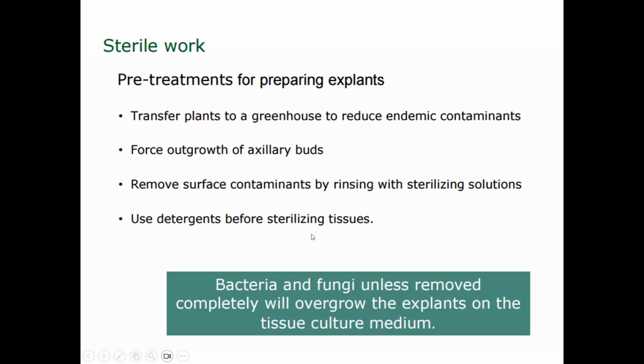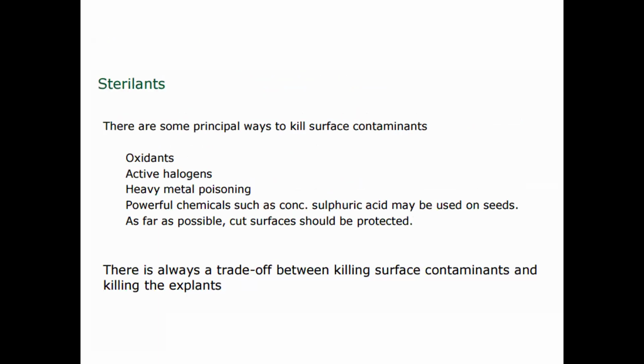Use detergent before sterilizing the tissue. So bacteria, fungi, mostly they are the contaminants. Unless removed completely, they will overgrow the explants on the tissue culture media because tissue culture media are a rich nutrient medium. If there are bacteria and fungi, they overgrow, they grow faster than the plant cell. This is why you need to kill them and make the explant free from the bacteria, fungi, and other microorganisms.